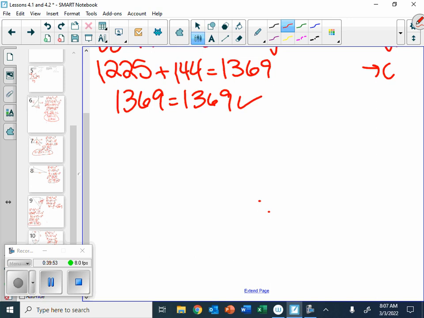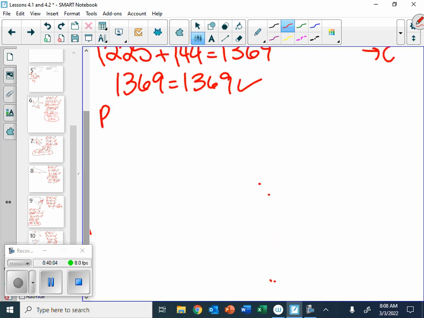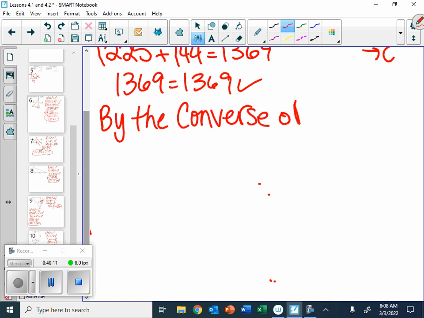And you're also asked to explain your answer. So a quick explanation. We use the converse of the Pythagorean theorem to help us out. So we can say, by the converse of the Pythagorean theorem, since a squared plus b squared equals c squared, this is a right triangle.